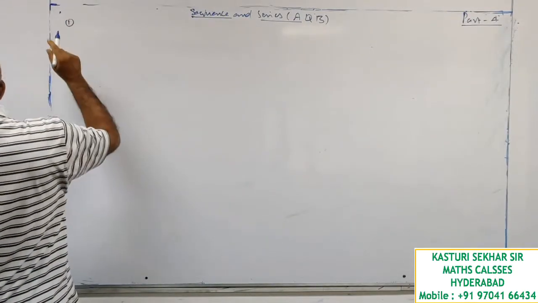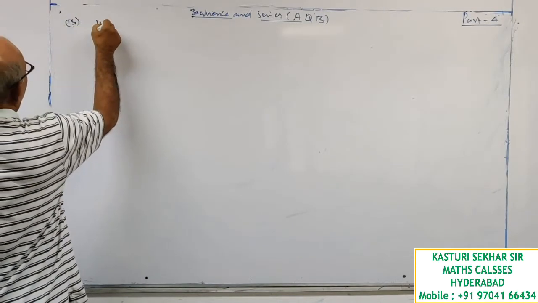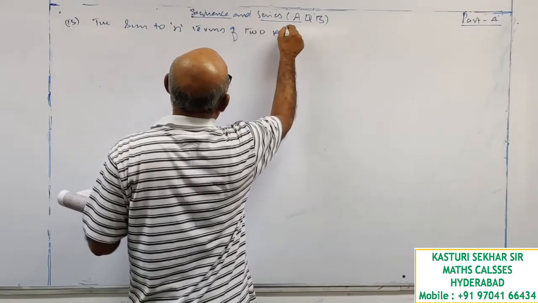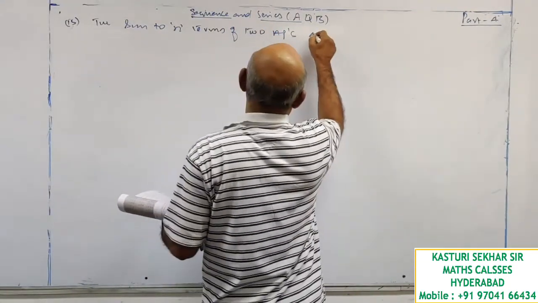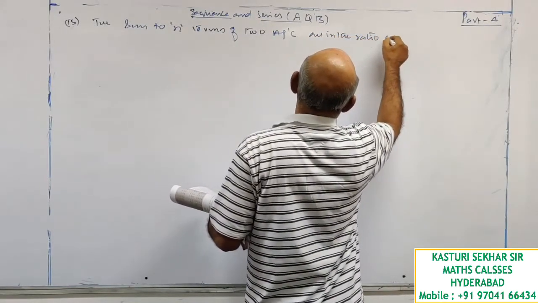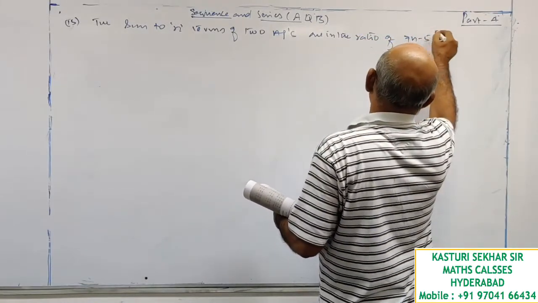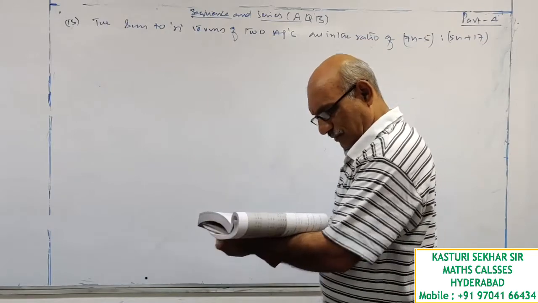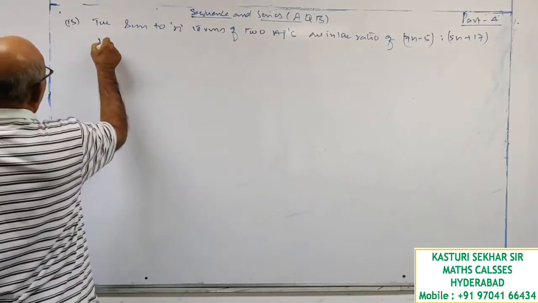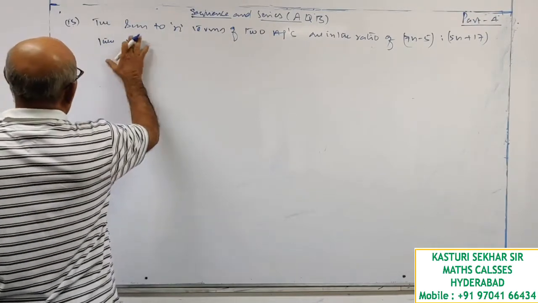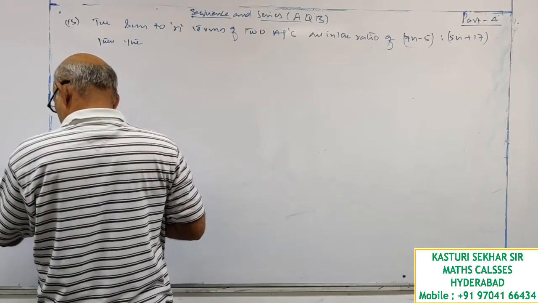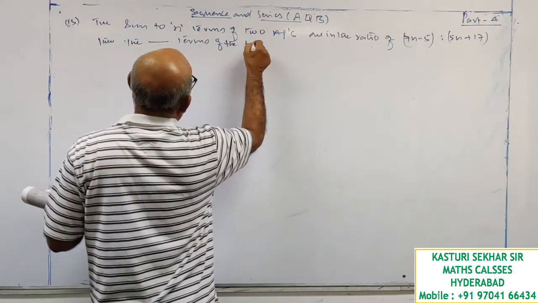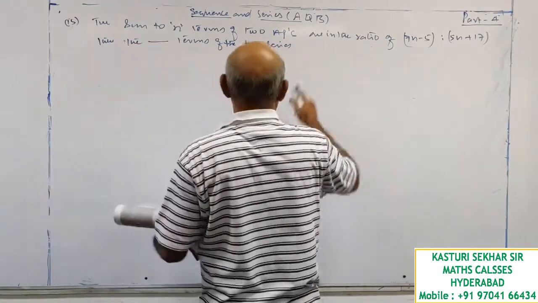Question number 15. The sums to n terms of two APs are in the ratio of 7n minus 5 is to 5n plus 17, then the dash terms of the two series are equal.